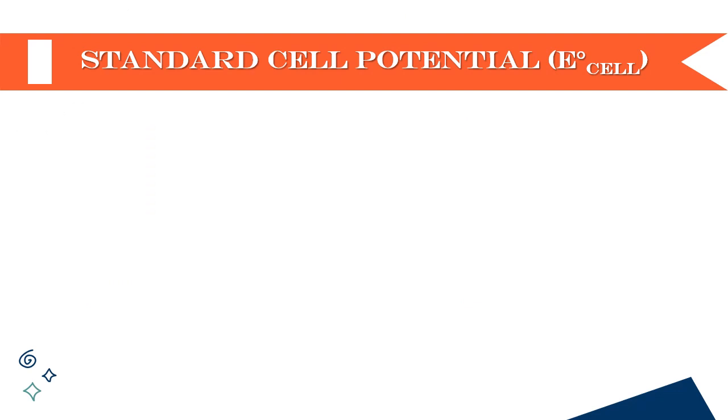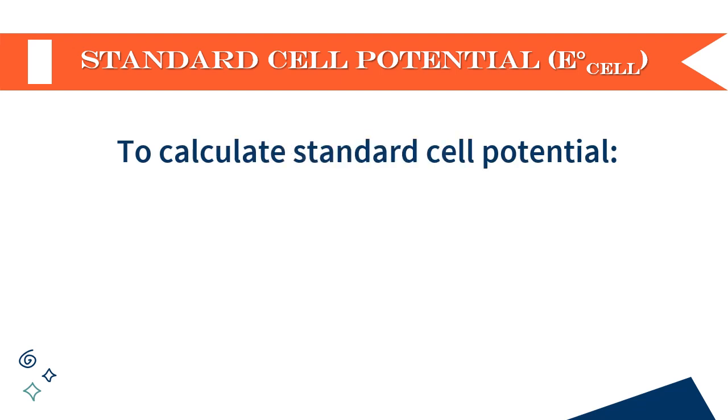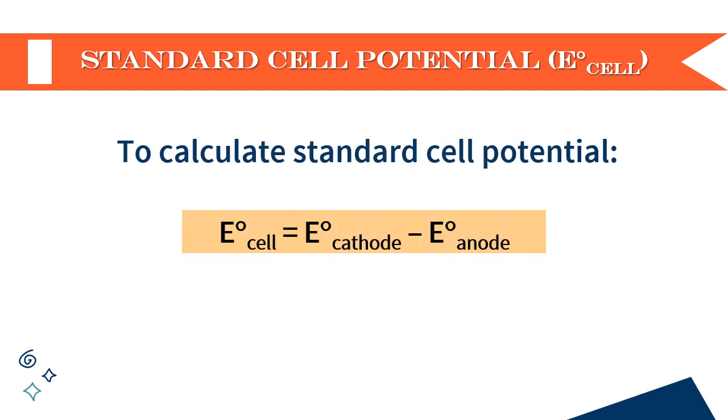Okay, the standard cell potential. How to calculate the standard cell potential? To calculate it, we will use this equation: E0 cell equals E0 cathode minus E0 anode. Like from the definition just now, the E0 cell is the difference in electrical potential of the electrodes.